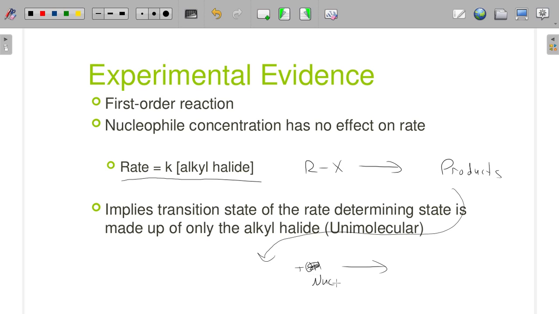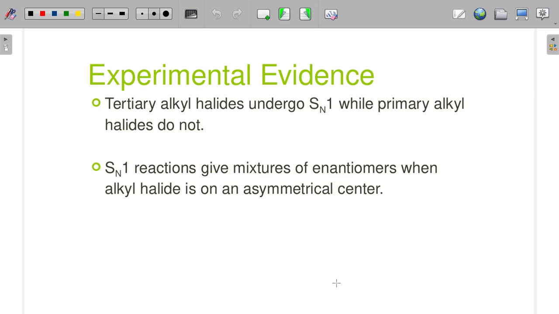But it doesn't happen in the slow step, because if it happened in the slow step, the nucleophile's concentration would be important. So that second step must be a faster step. All right. We know from that previous slide that the tertiary alkyl halides undergo it more rapidly. And we also know another piece of our experimental evidence is that if we create an enantiomer, we get a racemic mixture or close to it.